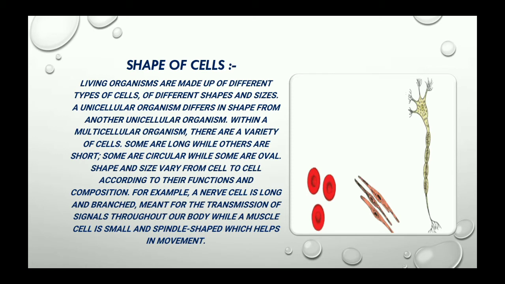So here in this picture you can see three types of cells, and this long, branched one is the nerve cell. This spindle shaped one is the muscle cell, and the meaning of spindle in Hindi is belan, which Indian mothers use in their houses. The circular one is the red blood cell.